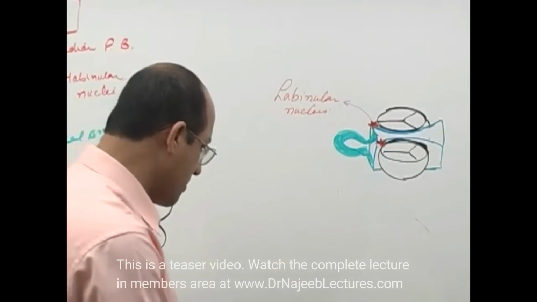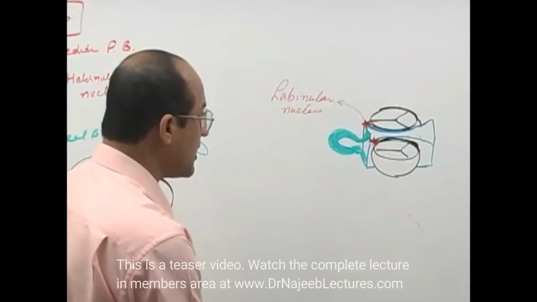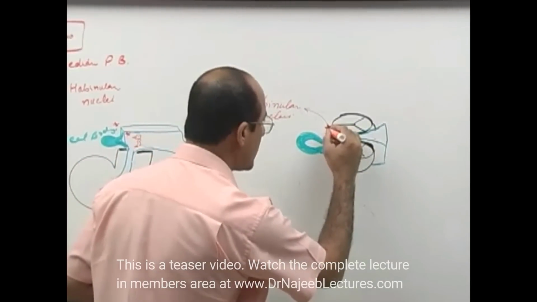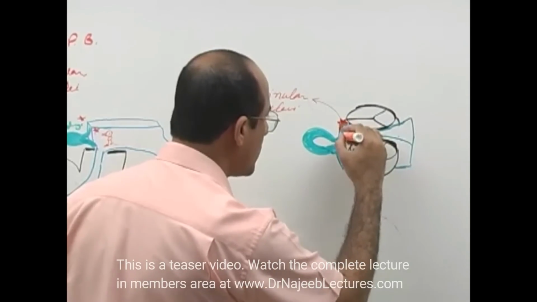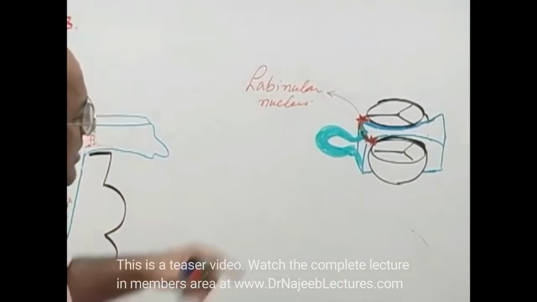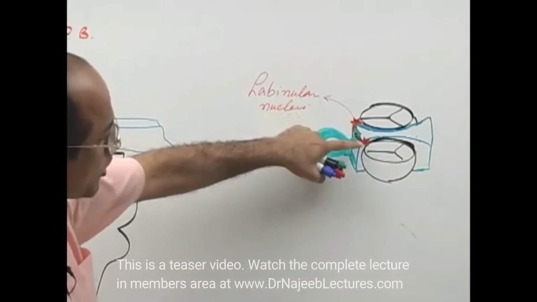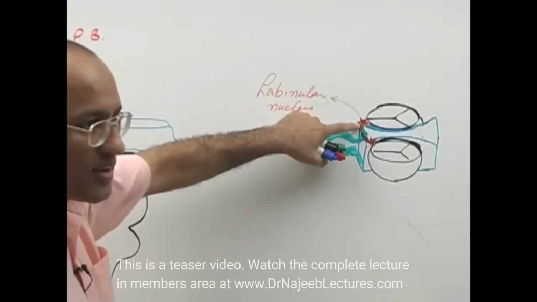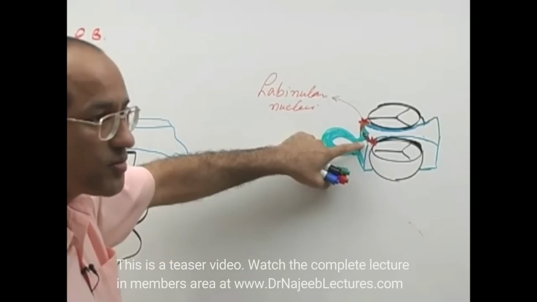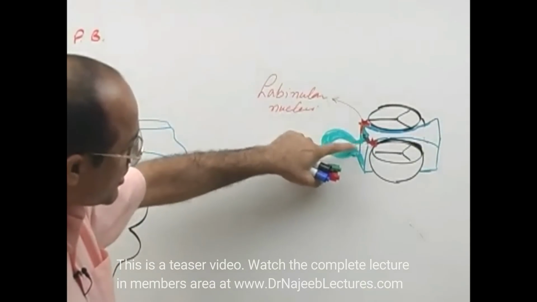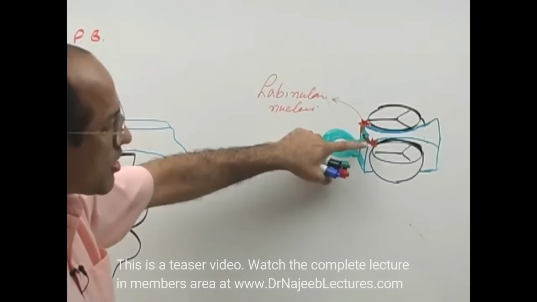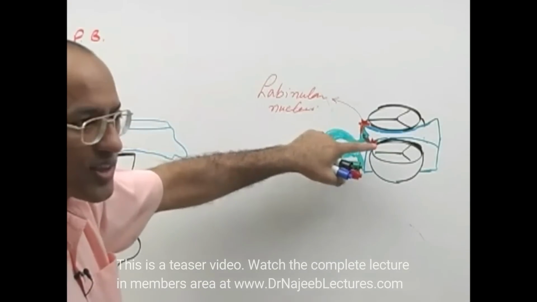This bundle of fibers connecting the habenular nuclei passes through the stalk of the pineal gland. At the upper part of the stalk of the pineal gland, these fibers are crossing.